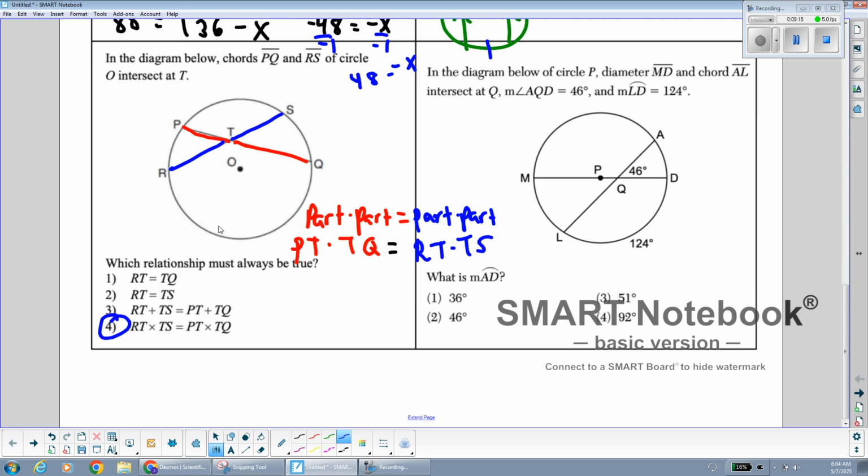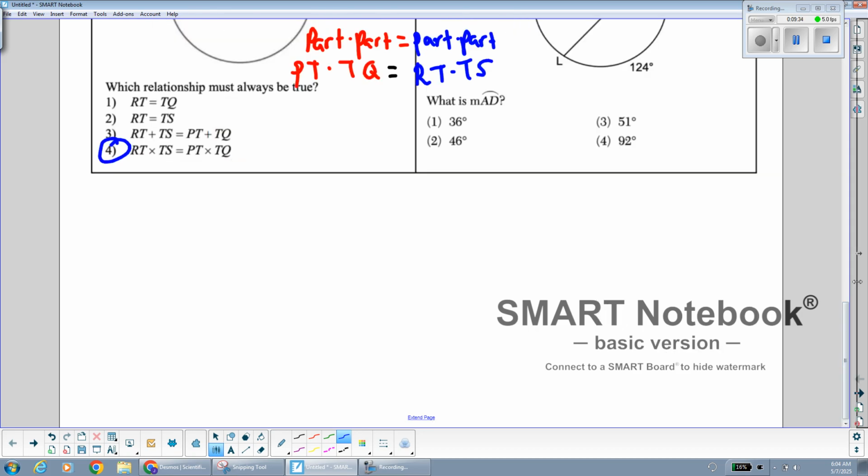Okay, the measurement of arc AD. I need the measurement of this arc because our theorem is that the inside angle, the vertical angles created by the intersecting chords, is equal to half the sum of the intercepted arcs. Let me just get a little bit more space over here.